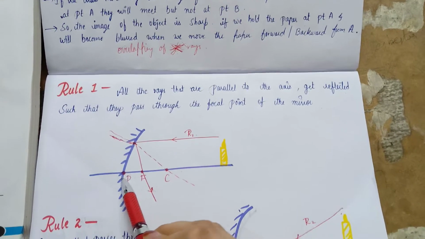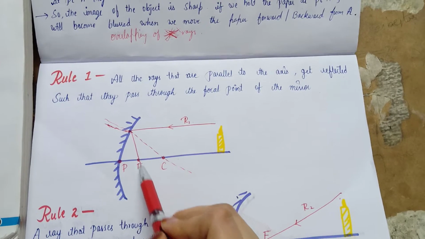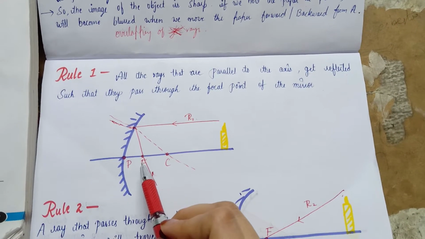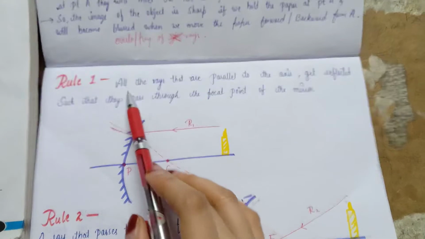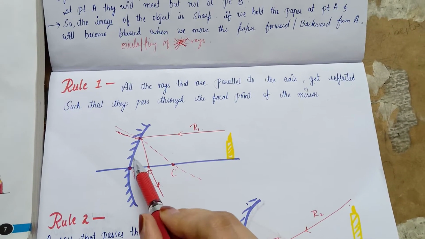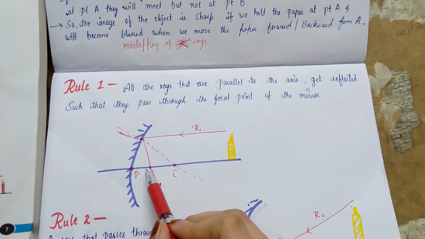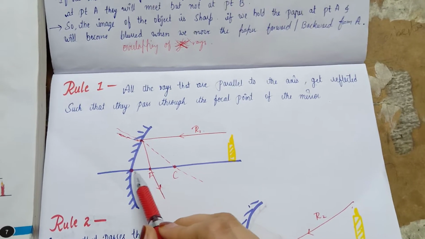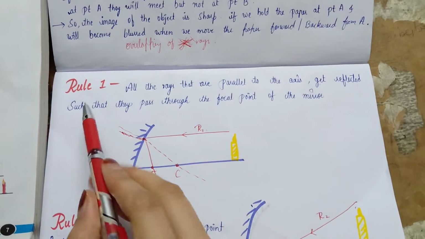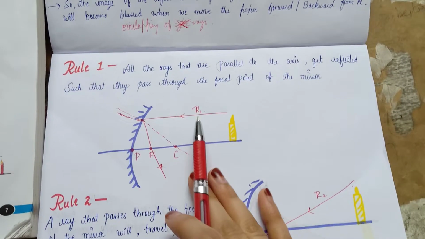This is the focal point of the mirror, and it is reflecting back through it. This is our pole of the mirror, the focal point of the mirror, and the center of curvature. And this is our ray 1, which is rule 1.